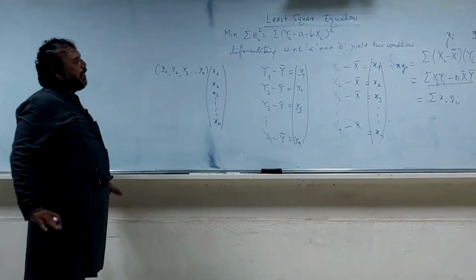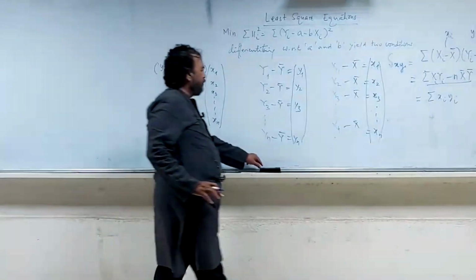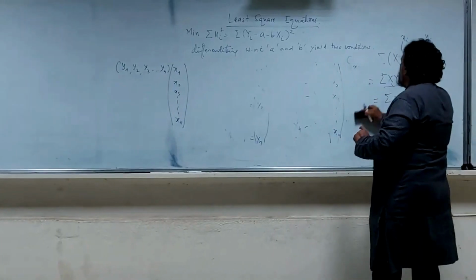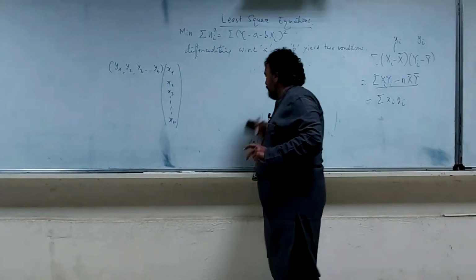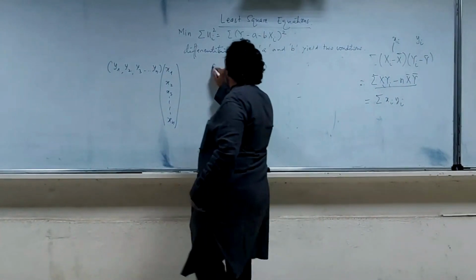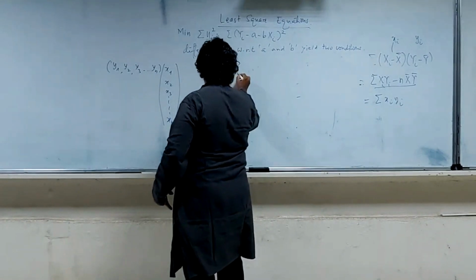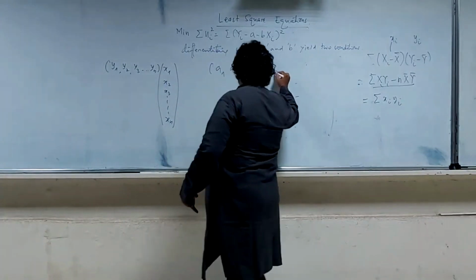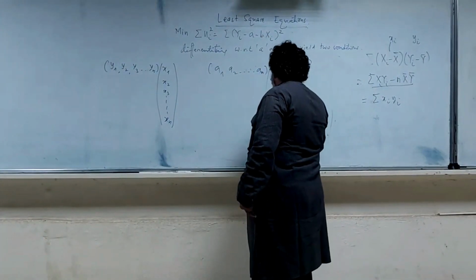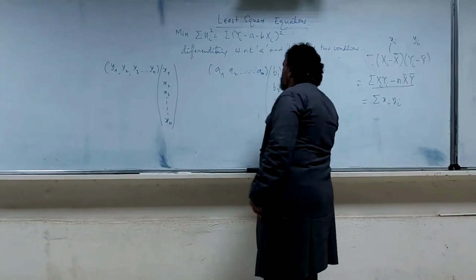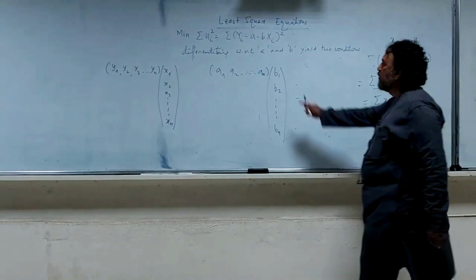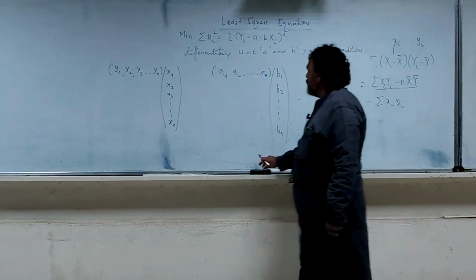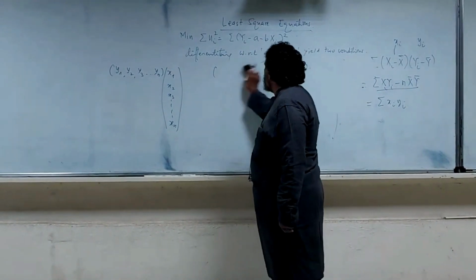So for a while, let's make a diversion into what can be called elements of vector multiplication or vector algebra. Suppose there are two vectors a1, a2, a3, an. To avoid complication, don't confuse this with this a and this b. If you like, I put them as c and d.